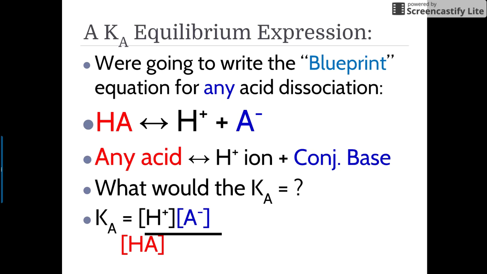Ka is just the hydrogen ion concentration times [A minus] divided by the concentration of the acid. Now H plus is the same as H3O plus. Remember that. The concentration of H plus is the same as the concentration of H3O plus.